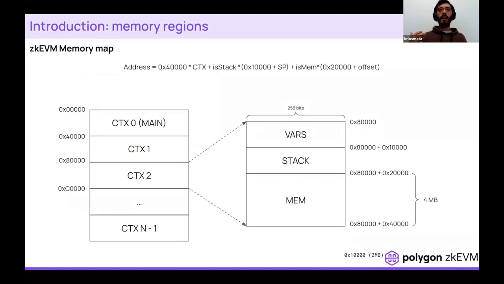In order to handle that, we implement a zkEVM memory with different contexts. You can switch the context very easily with just a register, and you can move inside the different memory regions of the context very easily, again with just a few registers.